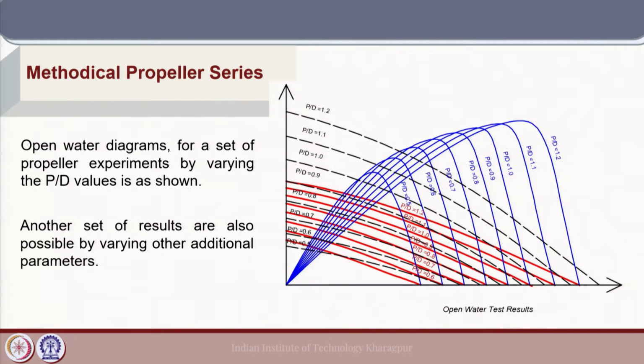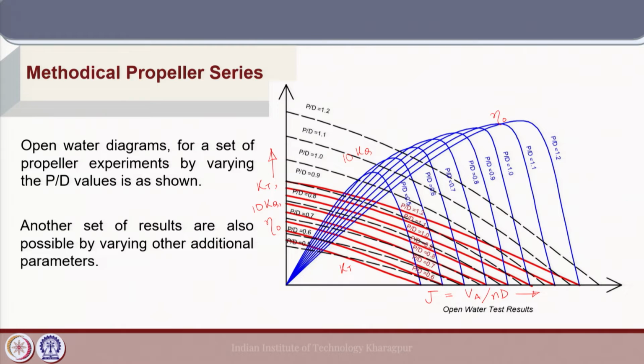If we remember, the x axis in the open water diagram is J, the advance coefficient Va by nD, and the y axis has KT, 10 KQ and the open water efficiency. So in these diagrams we have the KT curves, 10 KQ curves and the eta O, or open water efficiency, curves.